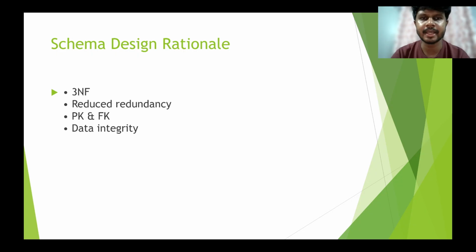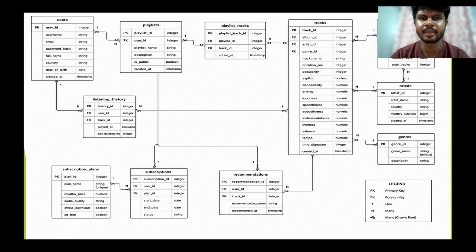So this design reduces storage requirements, improves consistency, simplifies updates, and minimizes the possibility of data anomalies. And to maintain data integrity, every table has a primary key, and it also has foreign keys to connect different tables and ensure valid relationships between them. So now let's move to the next slide.